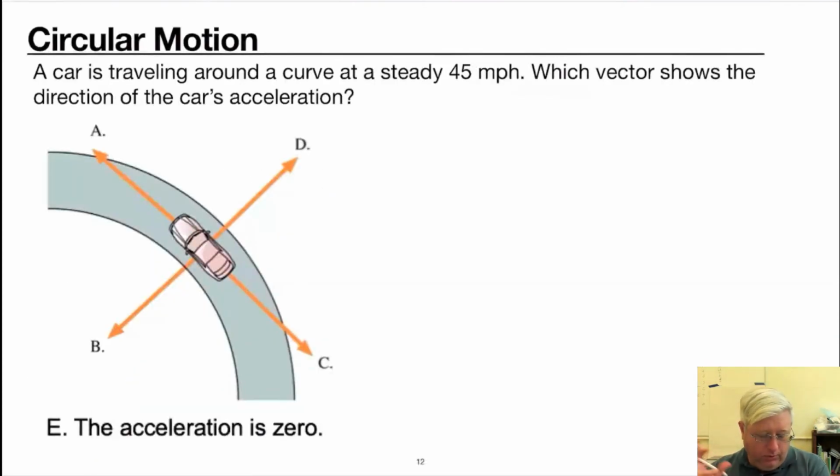Okay, so which of these vectors would show the direction of the car's acceleration? Well, it would be B, wouldn't it? Sounds weird. I think it's going to take a little getting used to, but it's technically accelerating toward the center. Okay, because going around a curve is just partially going around the circle.